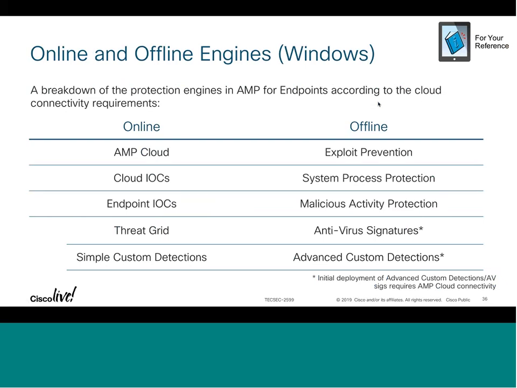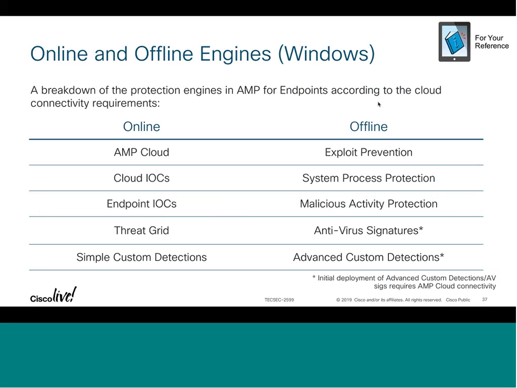To recap and summarize, here's the world of online and offline engines specific to the Windows connector. When you are connected to the cloud, you have all these wonderful things. You've got the AMP cloud for disposition lookups: good, bad, unknown. You've got the cloud-based IOCs that are active.